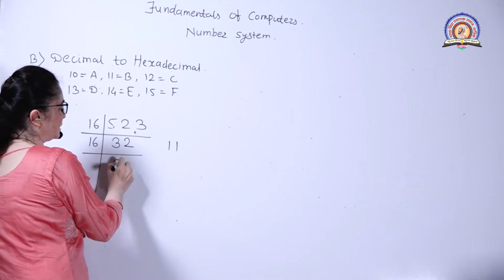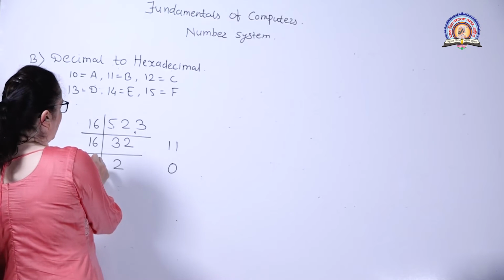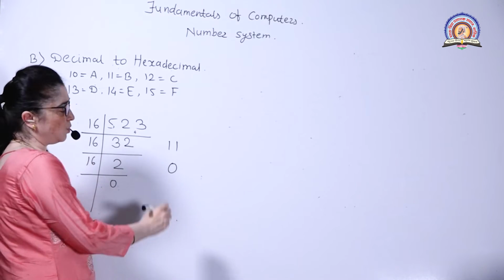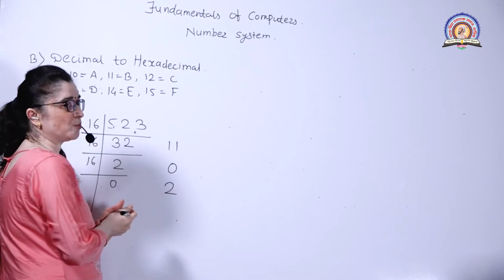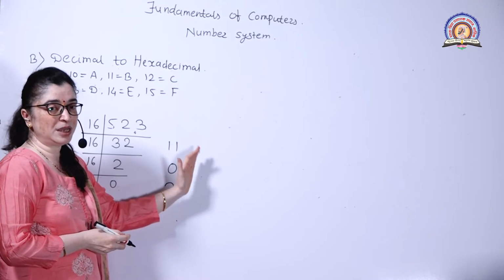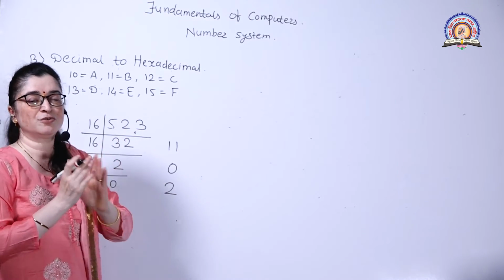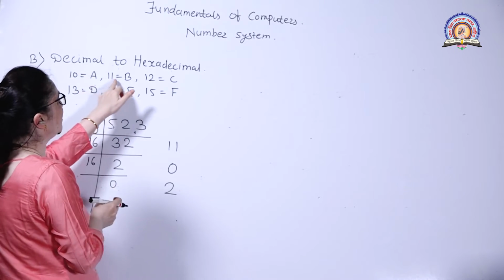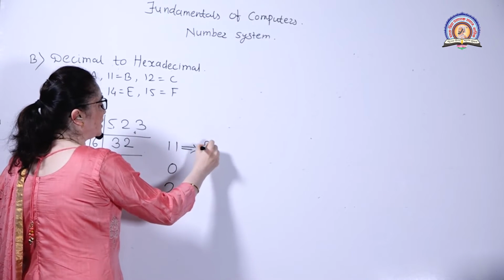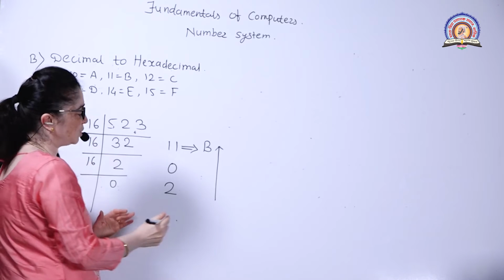Again 16 twos are 32. The remainder is 0. Again here if we divide 2 by 16, the quotient will become 0 and remainder will be 2. We have to write down these numbers from bottom to top. But here we have to remember that 11 is equivalent to, sorry, 11 is equivalent to B. So for 11 we have to write down B and write these numbers in a reverse order, bottom to top.